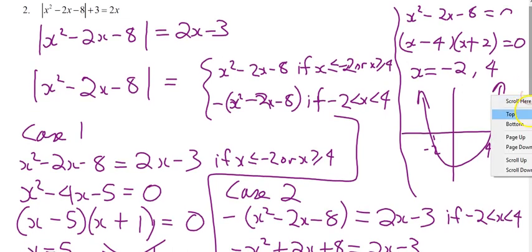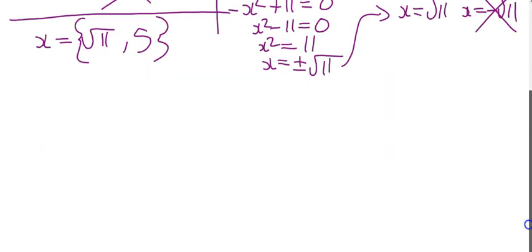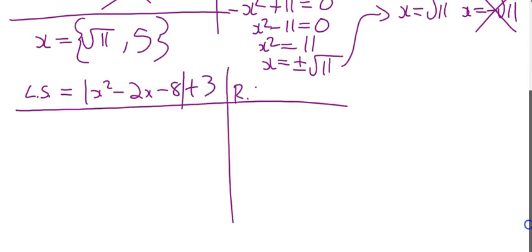So x squared minus 2x minus 8 plus 3 is the left side, and the right side is 2x.